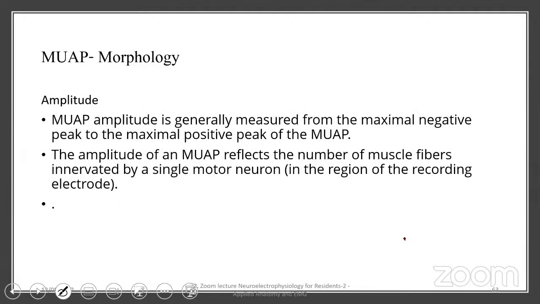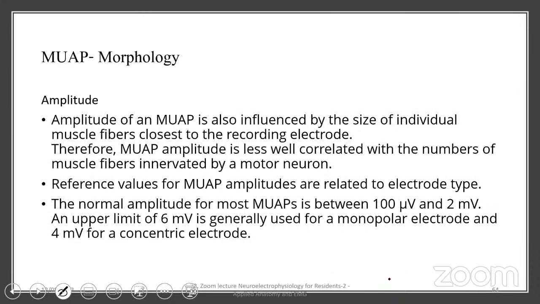The amplitude is generally measured from the maximal negative peak to the maximal positive peak. Now, if you look at this, it's from here to here. The amplitude of the MUAP reflects the number of muscle fibers innervated by a single motor neuron in the region of the recording electrode. This is also influenced by the size of the individual muscle fibers closest to the recording electrode. Therefore, MUAP amplitude is less well correlated with the number of muscle fibers innervated by a motor neuron.